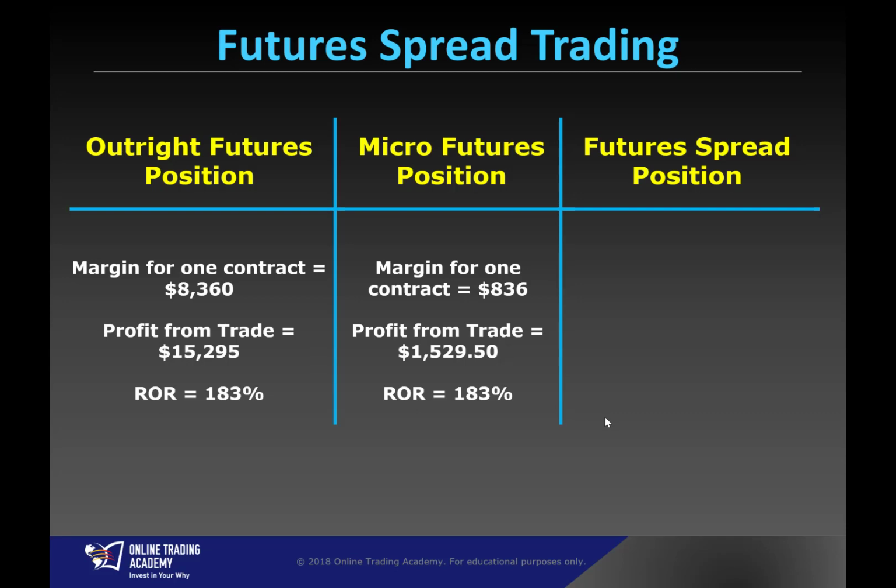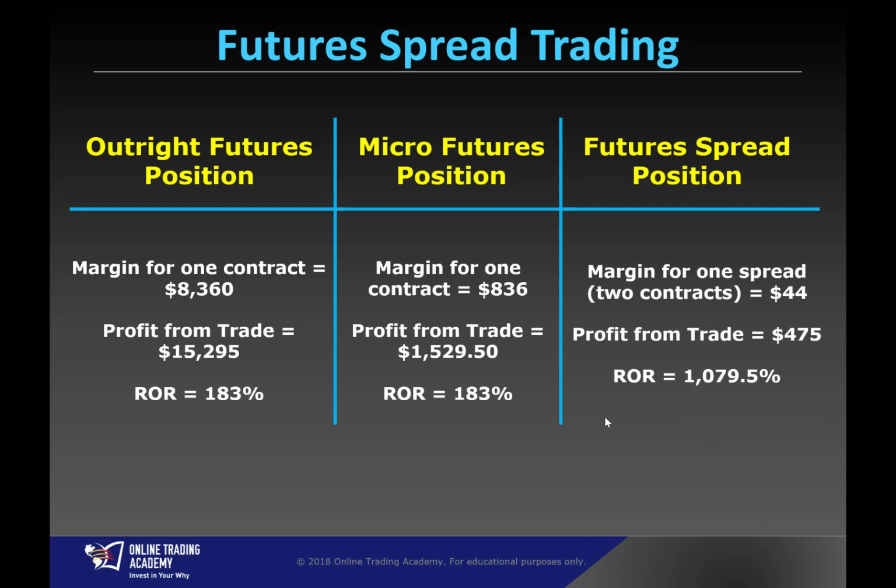However, you're not going to believe this. When we go to the spread, we really reduce the margin requirement because the chances of loss go down dramatically. On the future spread position now, the margin for one spread, which would have been two contracts, remember you're buying one contract and selling another contract at the exact same time, it's only $44. Yeah, I didn't misstate that.